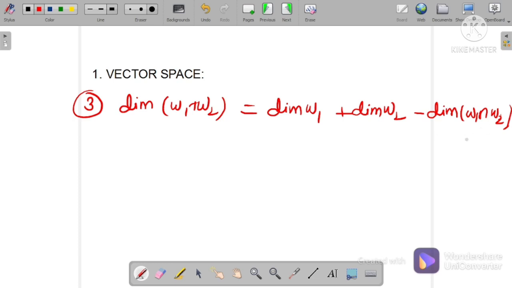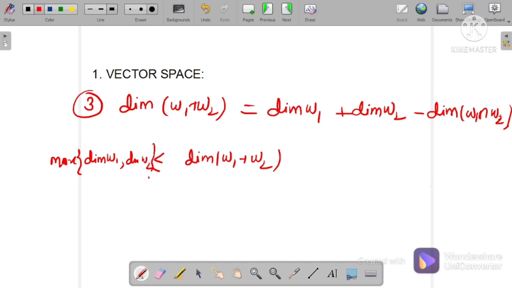Note that the intersection of any number of subspaces is again a subspace of vector space V. And this dimension of W1 plus W2 is always greater than or equal to the max of dimension of W1 comma dimension of W2.